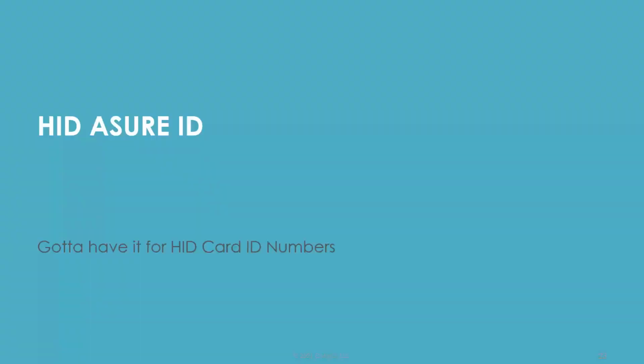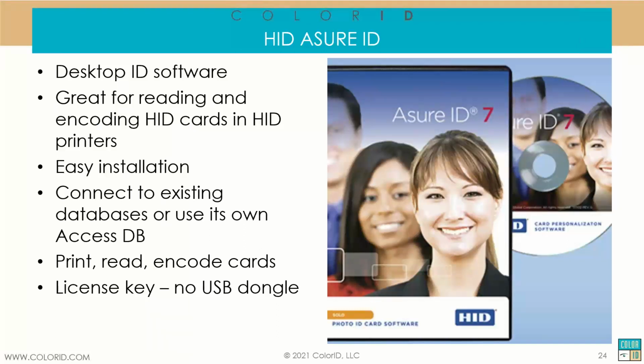So talking about HID encoding, HID AsureID. Now this product has been around for quite a while, but it is well supported, and the reason primarily is because HID, well, they sell a lot of it, but they have built their desktop encoding and reading into AsureID, and so this is the main reason for its existence.